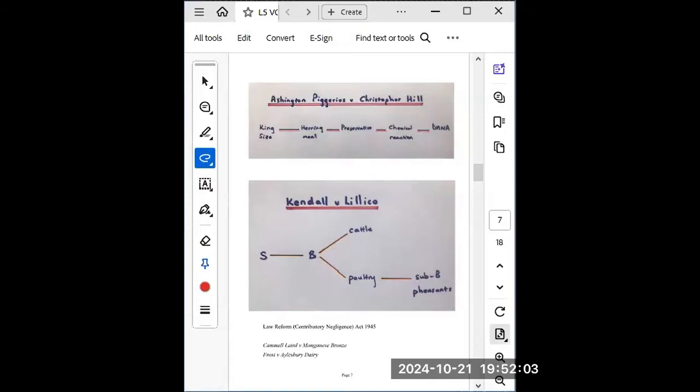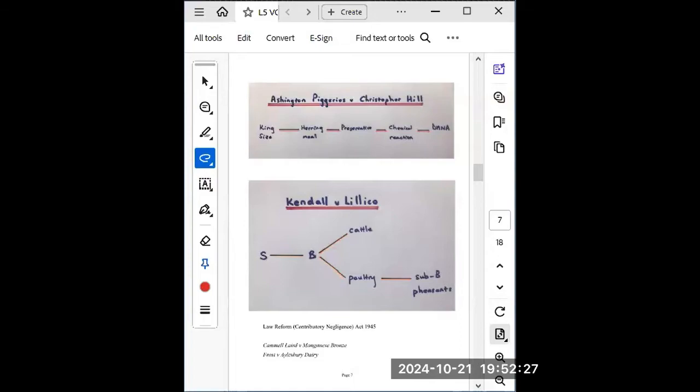The second thing the seller argued was that the buyer knew the seller had never supplied mink food before. So the buyer did not rely, or it was unreasonable for the buyer to rely on the seller's skill and judgment. The House of Lords rejected both arguments.